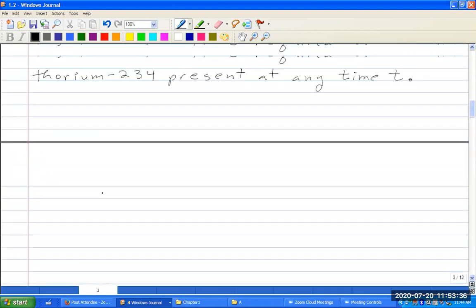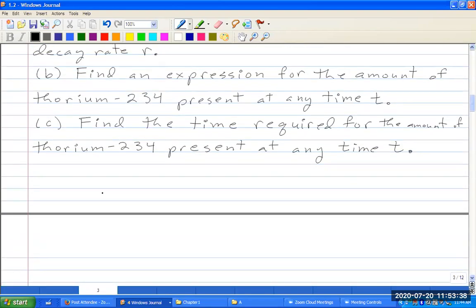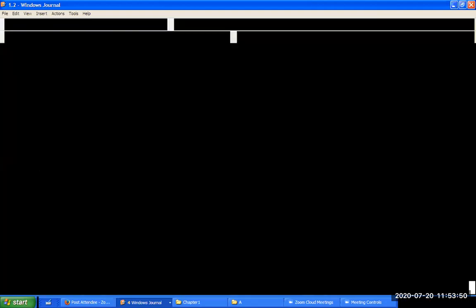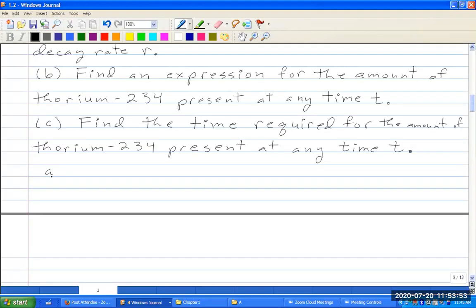Okay, so let's do this. For the first part, let me just list some of the data that we have here. For part A, it says you start out, sometimes this computer has some mental issues. So the amount that you start out with is 100 milligrams.